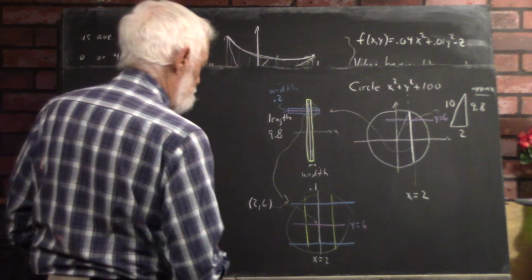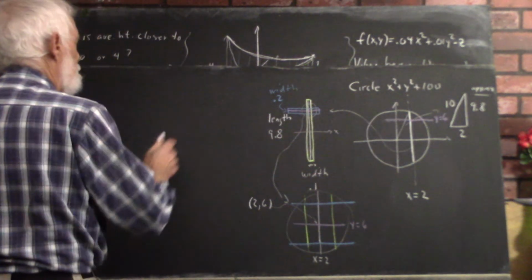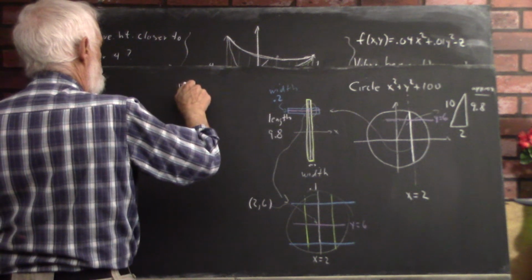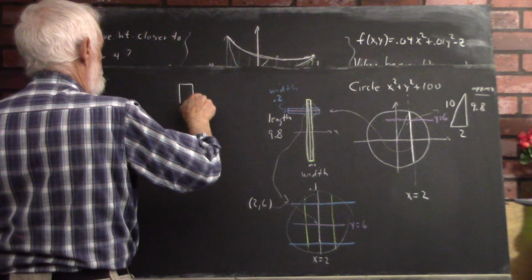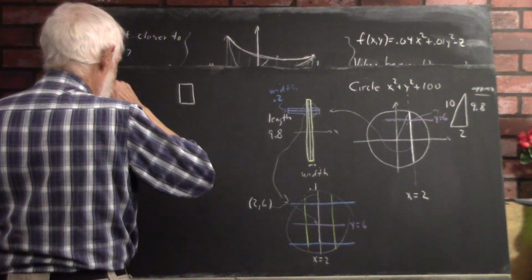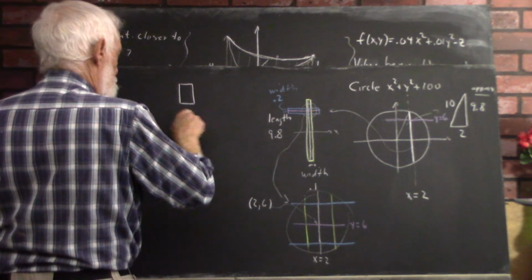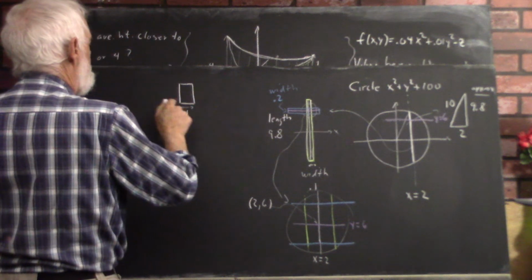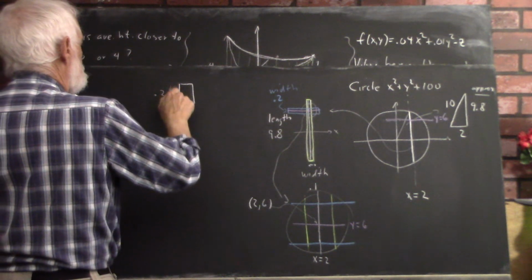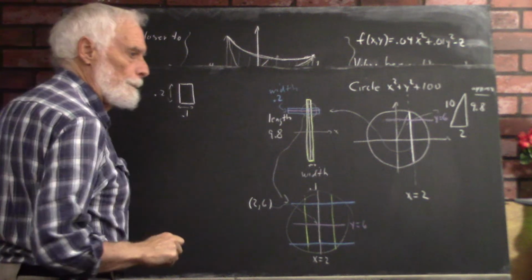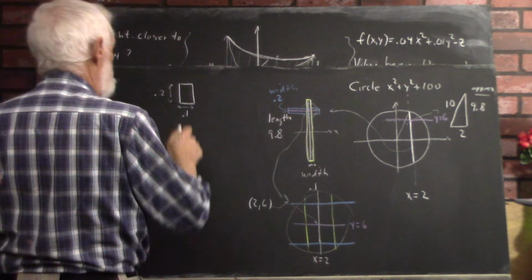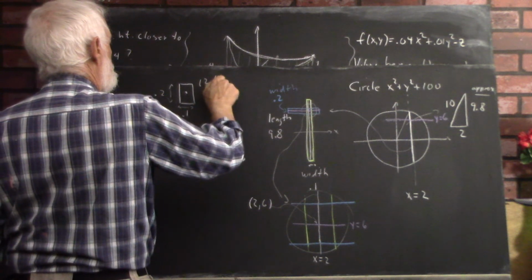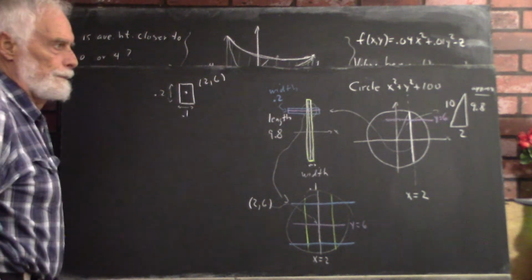Okay, well, we can kind of remove the colors and just say we have a rectangle with width 0.1 here, width 0.2 here, containing the point (2, 6).